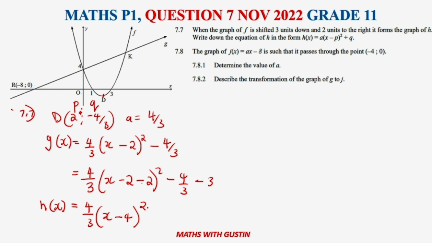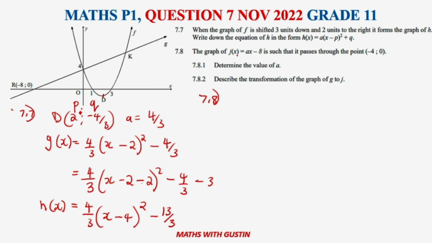Okay, and therefore once you simplify this fraction, minus 4 over 3 minus 3 is going to give you minus 13 over 3. That will be our new equation. All right, so 7.8.